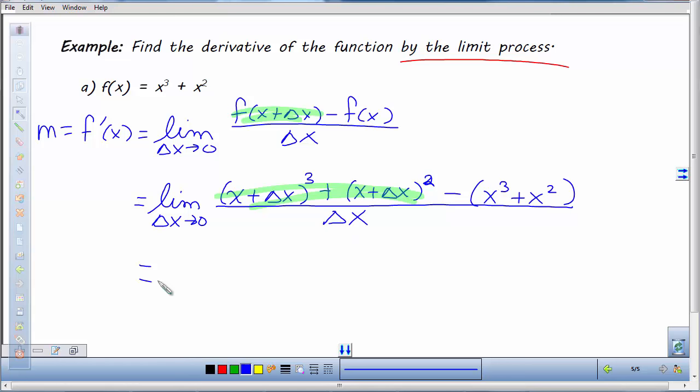So we have to do a bit of algebra to get this multiplied out, and we can use a little tool to help us expand this very quickly. If I've got x plus delta x and I want to cube it, we are going to use Pascal's triangle.